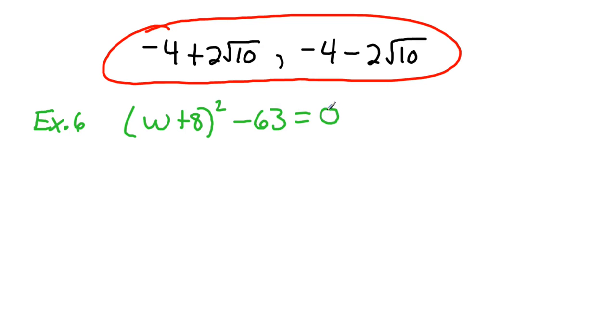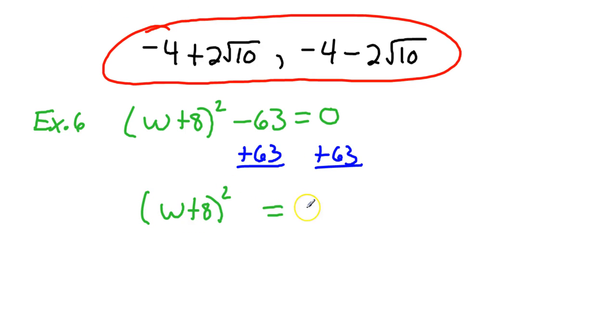Okay, for this one, let's do (w + 8)² − 63 = 0. So you've got the (w + 8)². Again, first thing is let's add the 63 to both sides. We have (w + 8)² = 63.